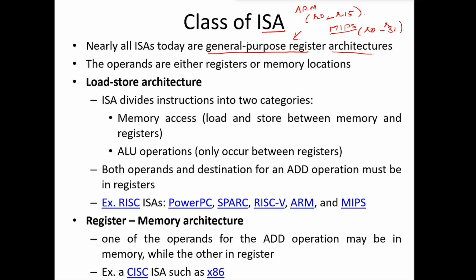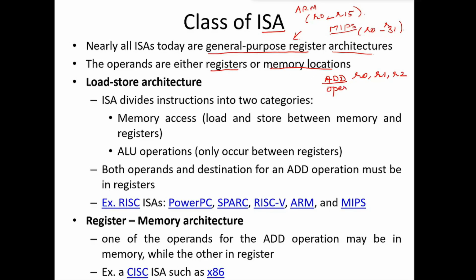When you're taking the operands, because every instruction will take an operand, that operand may be either a register or a memory location. So suppose I have an instruction like this: add r0, r1, r2.